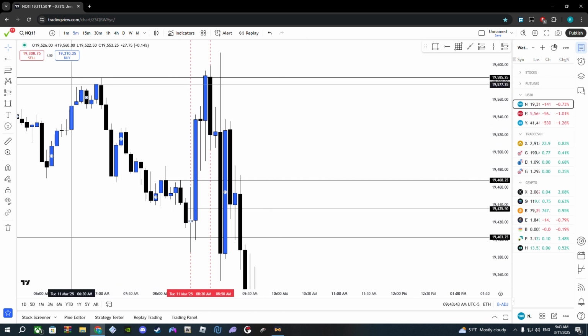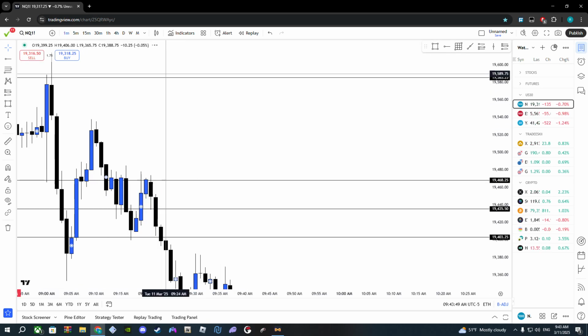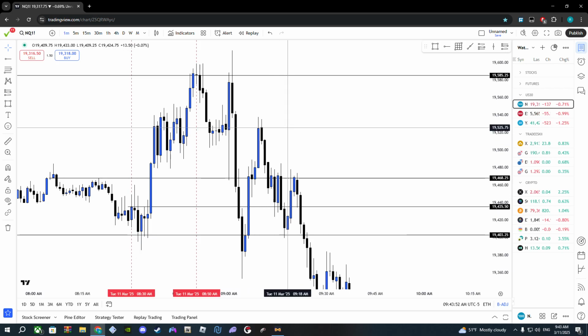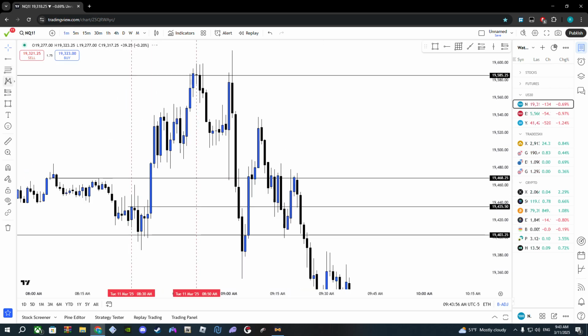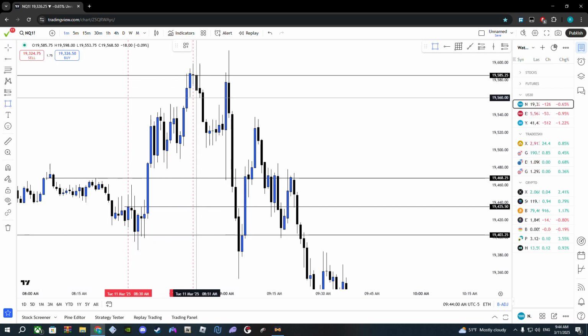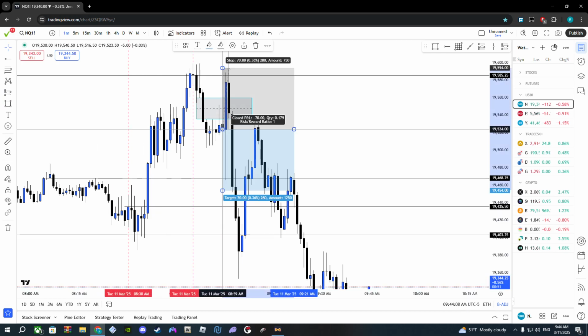We had high impact news today. But yeah, we swept out hourly high, came down, made a 5-minute retrace. I scaled into the 1-minute. What do we see? See a fair value gap getting formed right here. Boom. 5-minute retrace was off this candle, so we got to tap into the fair value gap.